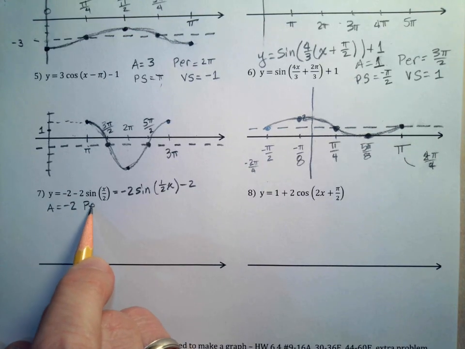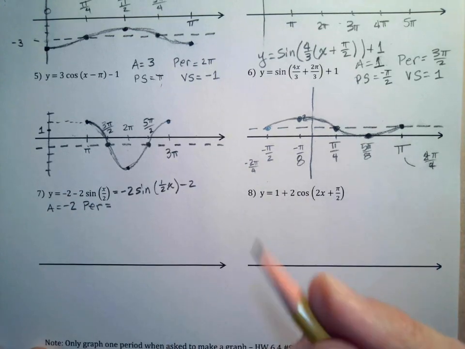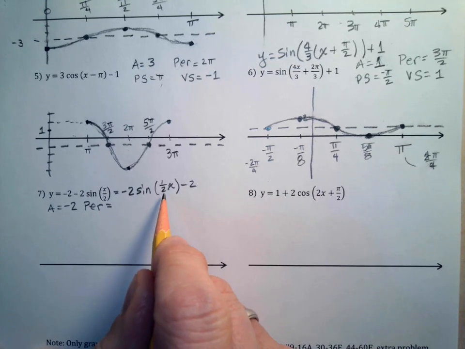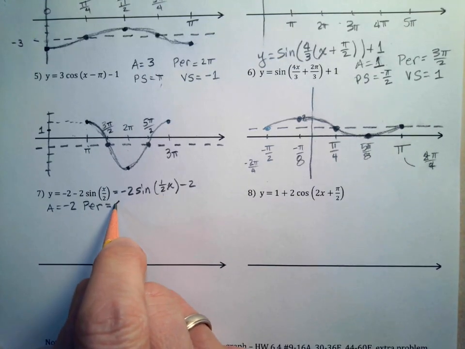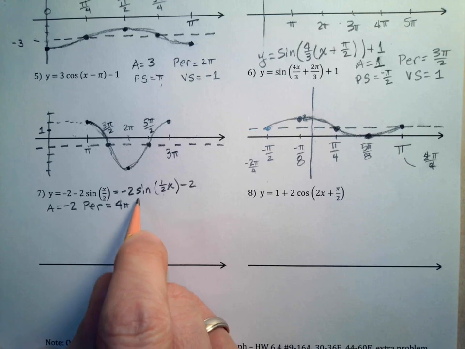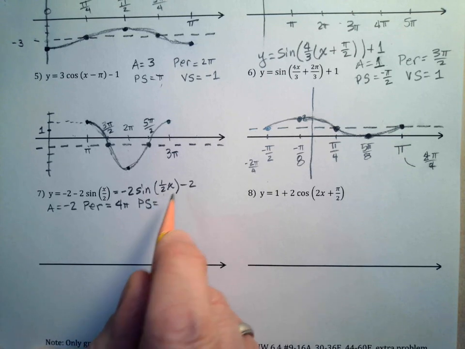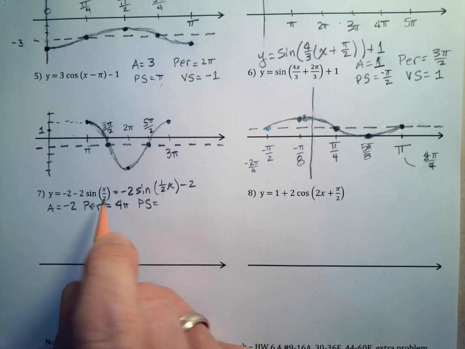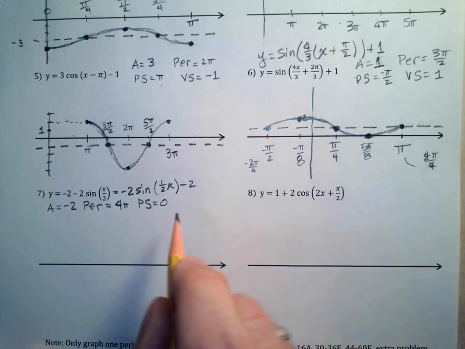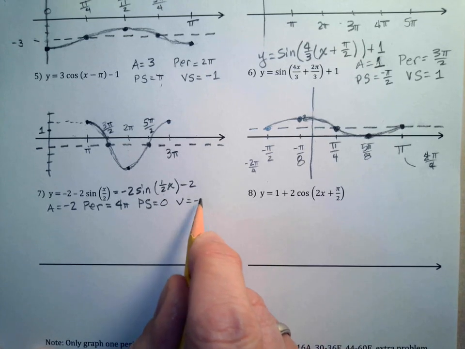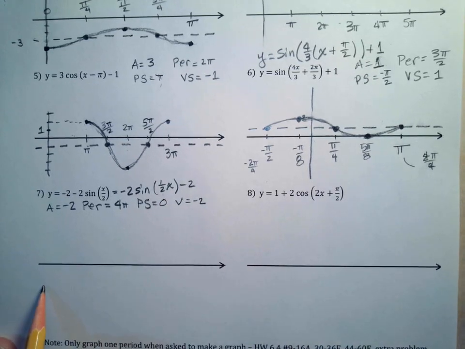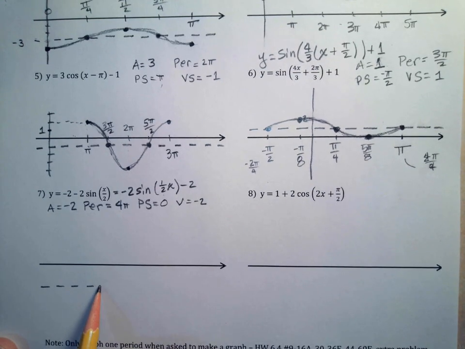We have a period, and that period is going to be 4 pi. It's 2 pi divided by 1/2, or 4 pi. The phase shift, in this case, there is no constant next to that x, so the phase shift is 0, and the vertical shift is negative 2. All right, so let's go ahead and just put in our baseline, our midline, down here at negative 2.